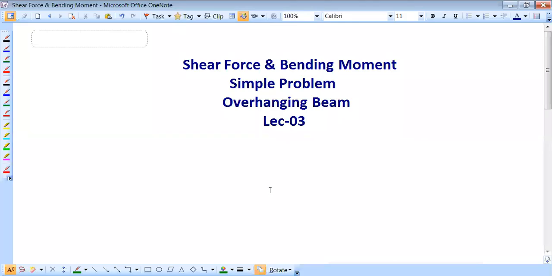Hello students, shear force and bending moment, a simple problem on overhanging beams. In the previous class we already solved a simple problem on overhanging beams.